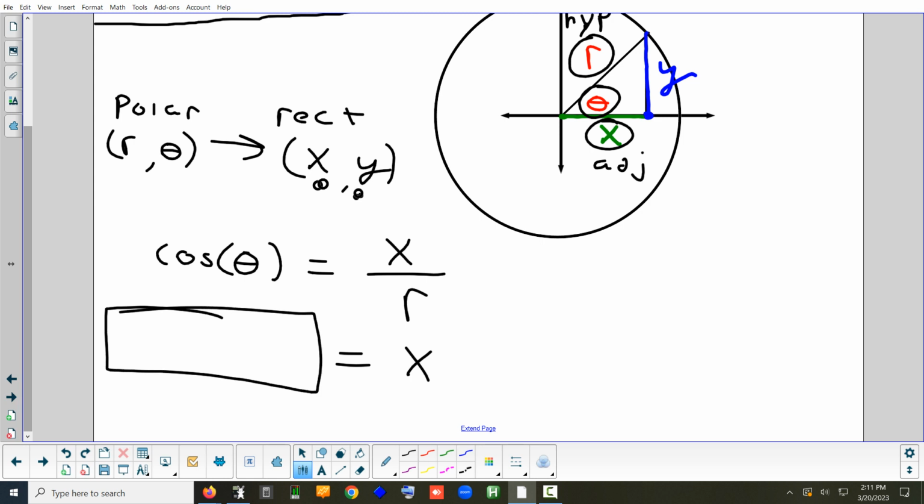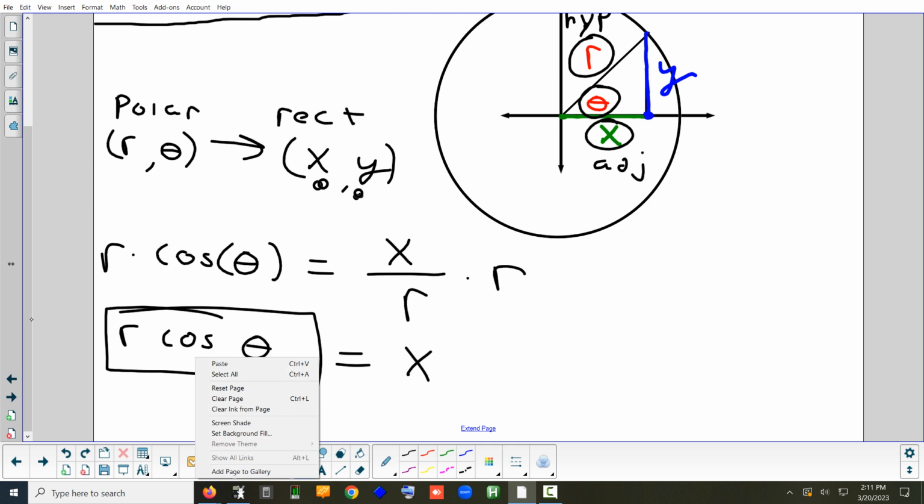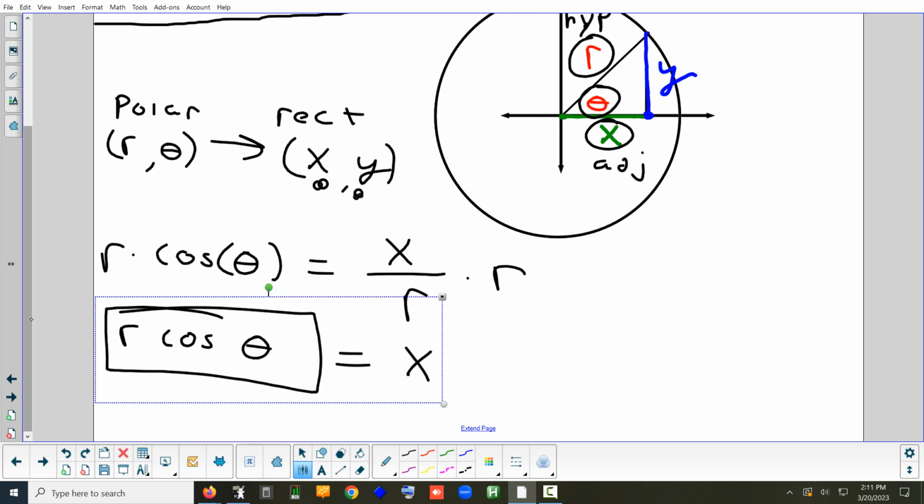So what would be in that box? R times cosine of theta. Multiply each side by r. R on the right cancels. And this is the formula to convert a polar coordinate into an x value. You take the cosine of the angle they give you, and you multiply by the radius. So that's your x.